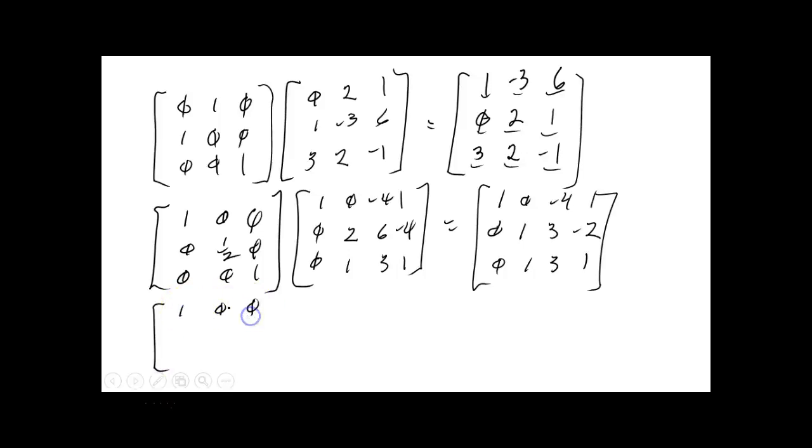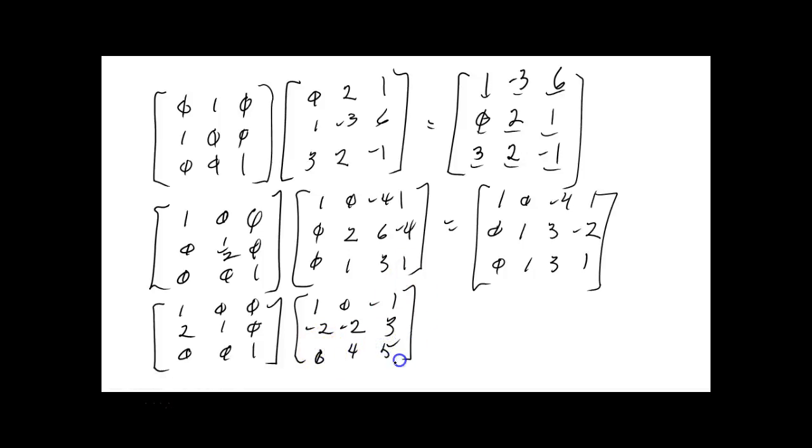0, 0, 2, 1, 0, 0, 0, 1. So, multiplying row 1 by 2 and adding it to row 2 is what we're doing on this matrix that I'm writing now. Okay. The result of that would be 1, 0, -1 for the top row.